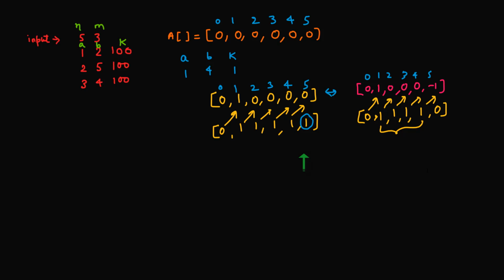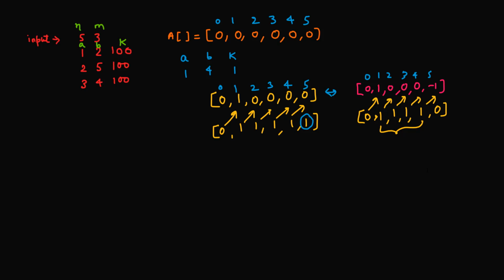To negate this effect, we go to B plus 1 index, which is 5th here, and add minus the quantity of this. Because once we apply the prefix sum algorithm, it will add the same element to this element. So to negate that effect, we have to subtract the same quantity, which means k. If we add k and have already subtracted k, it will not affect further on. I hope guys you are getting this.